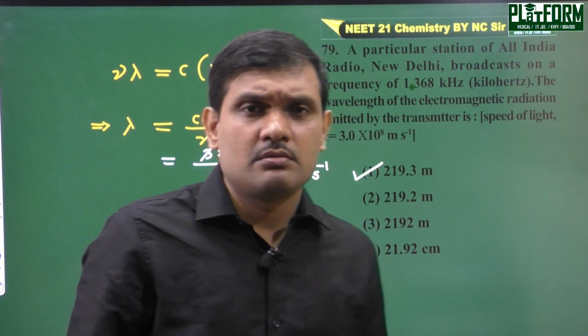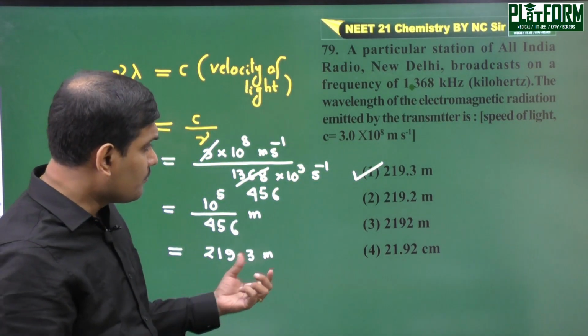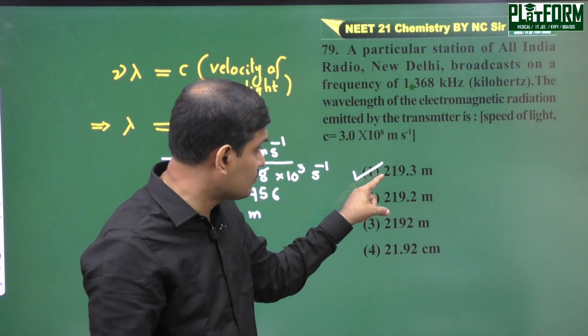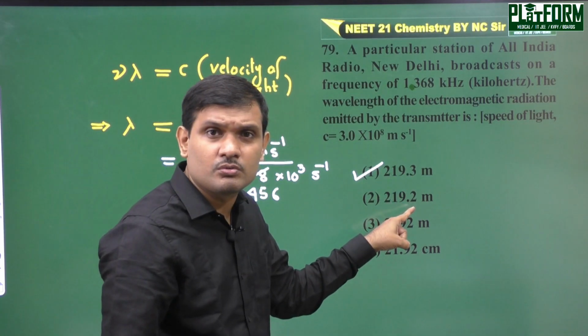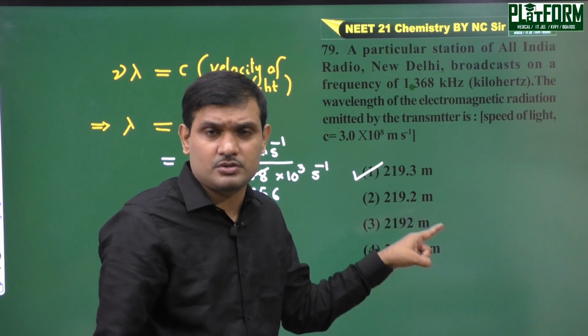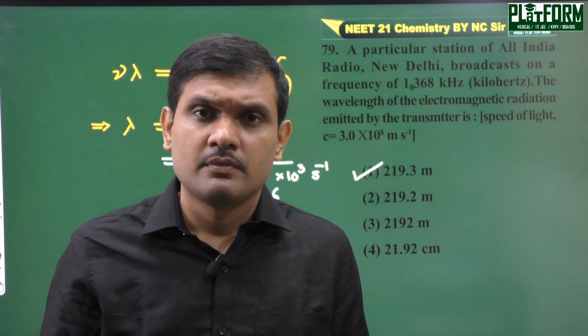NTA should not prepare such a question paper where you find the difference in options 219.3 and 219.2. This is definitely showing very much immaturity in preparing the question.